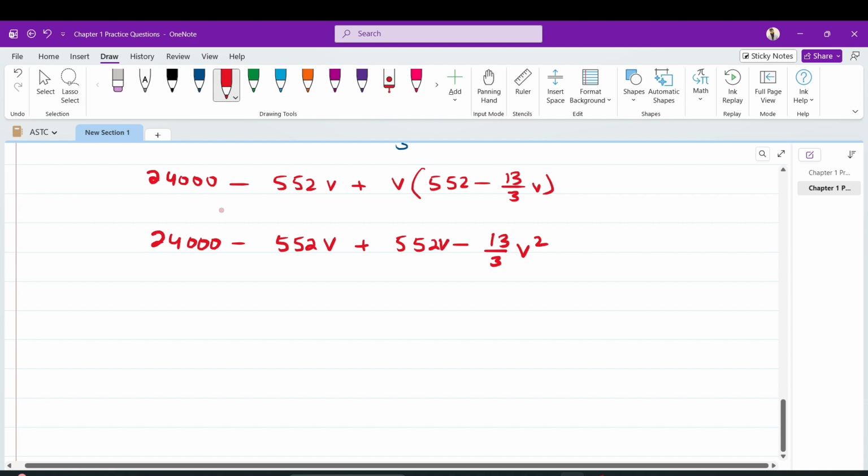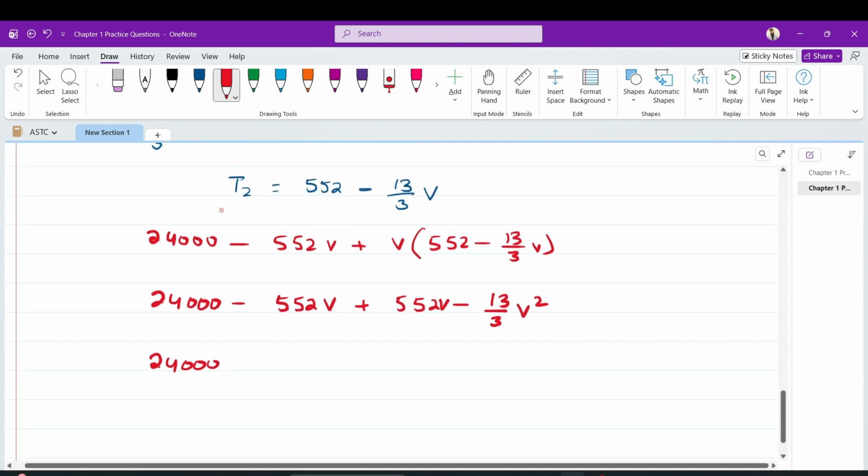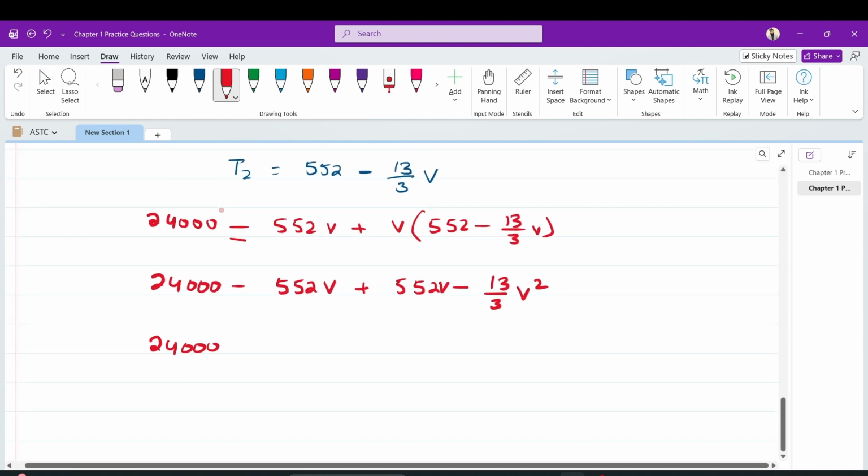Right, this is 552v. So 24,000 equals, my bad, 552 plus 552, so that should be equal to 1104v minus 13 over 3v squared.